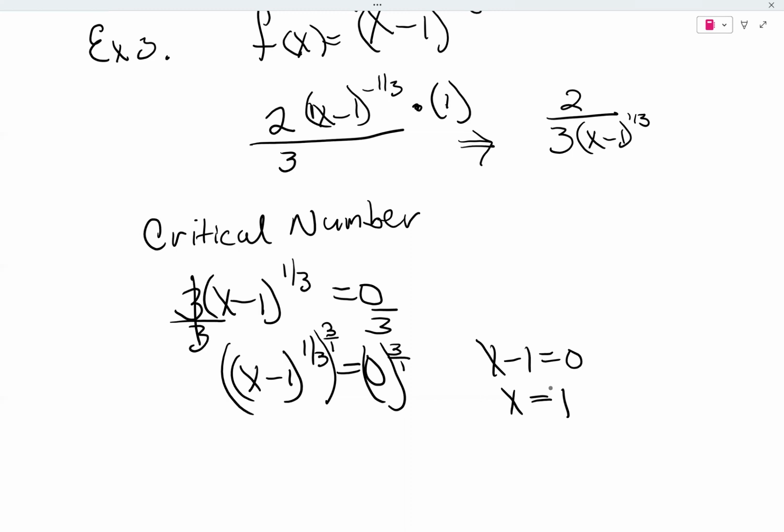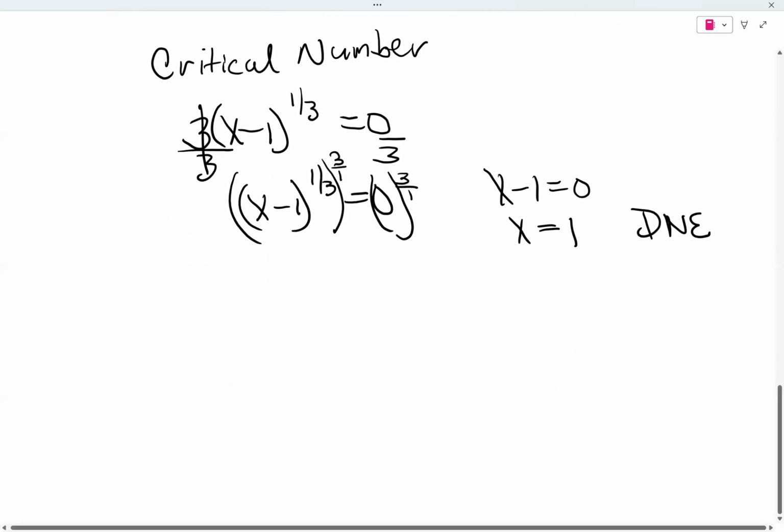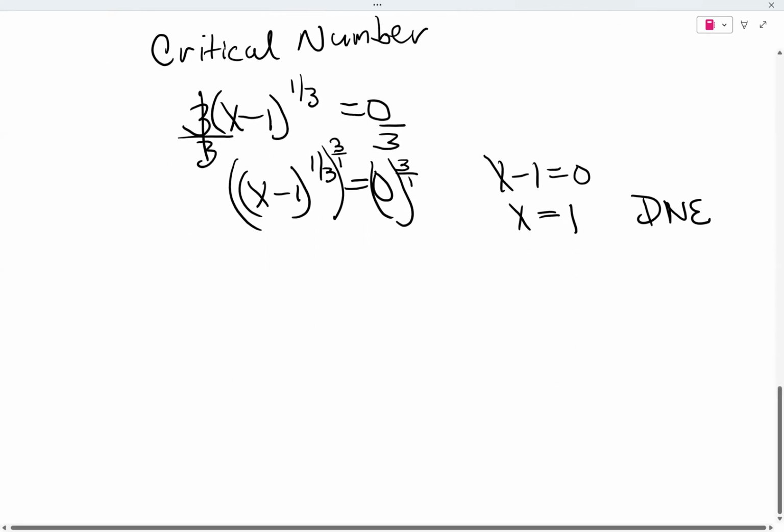critical number. However, in this case, this does not exist, and I'm going to show you via picture why. What ends up happening in this case, if I graph the original, let me go back to Desmos to show you.